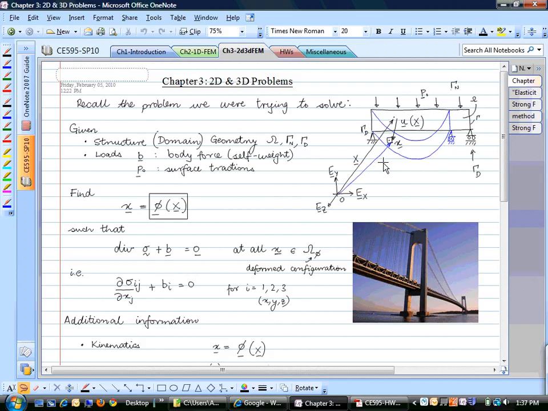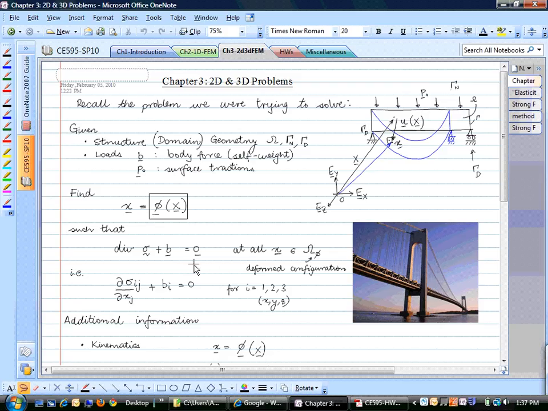All right, so going back to the original problem that we were trying to solve, we said that we wanted to find a map. Basically, if we are given the structure and the loading and all the boundary conditions, then it is this map that we want to find. Given this original structure, where does it finally go to?